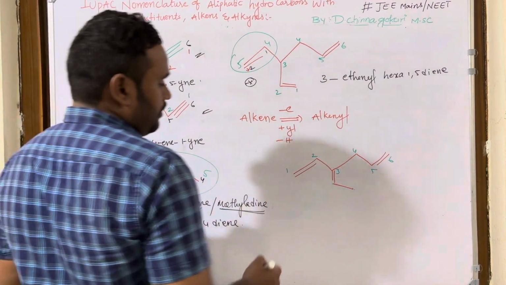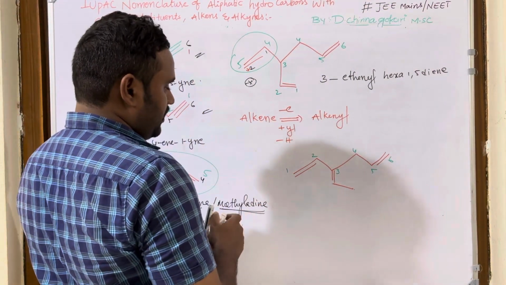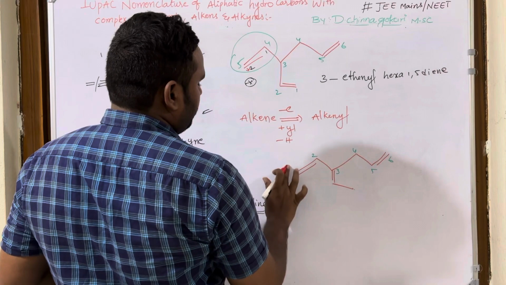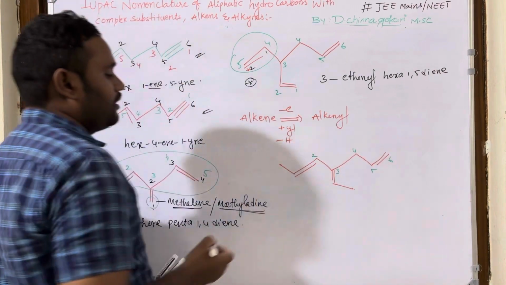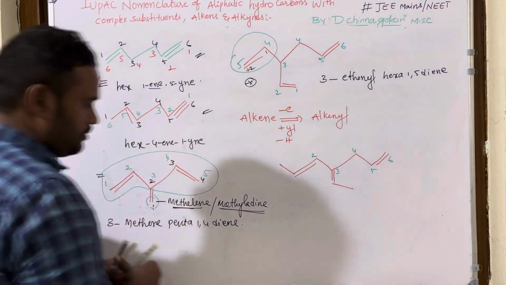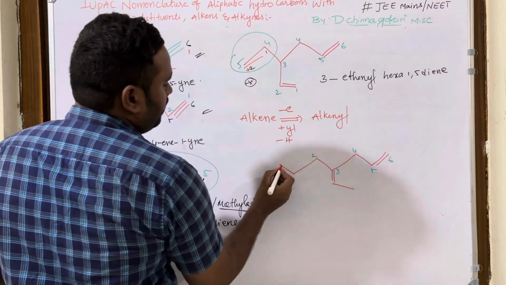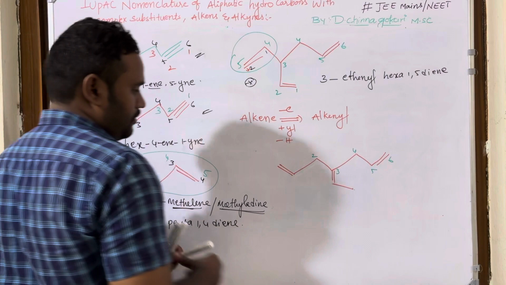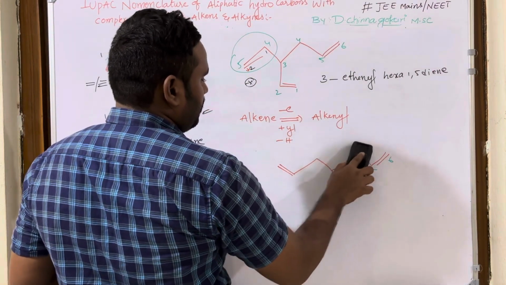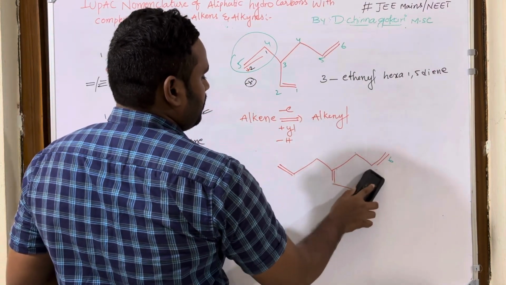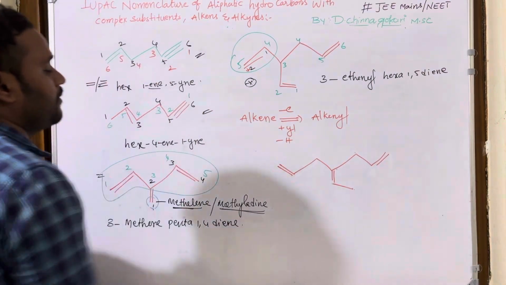Okay, so now let us take one more variation. Now let us give this double bond here. So now what is the name of this compound?